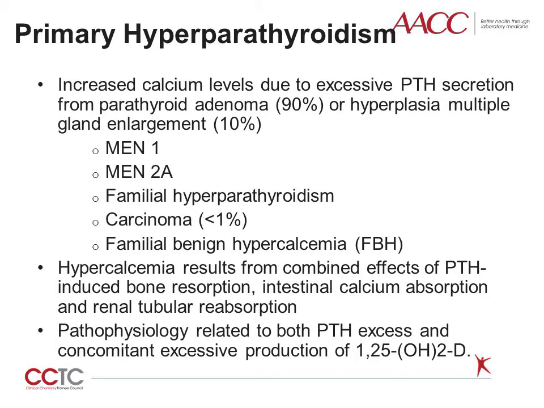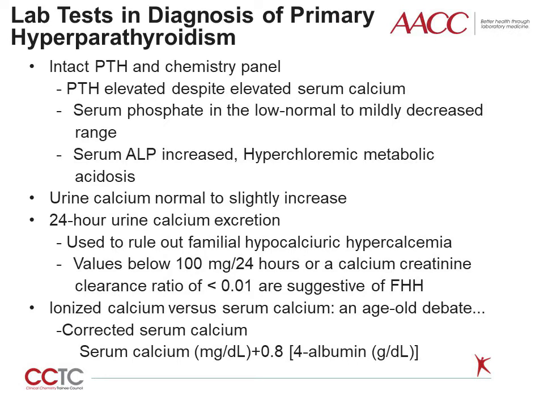Hypercalcemia results from combined effects of PTH-induced bone resorption, intestinal calcium absorption, and renal tubular reabsorption. The pathophysiological change of hypercalcemia is related to the combined effects of excessive secretion of PTH and production of 1,25-dihydroxy vitamin D.